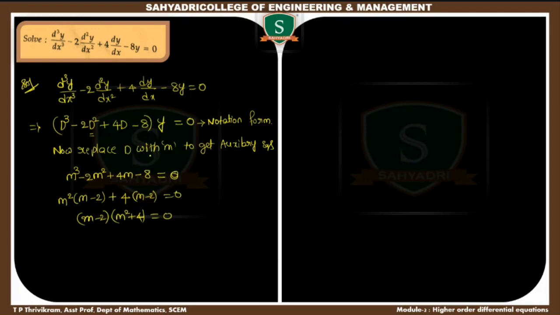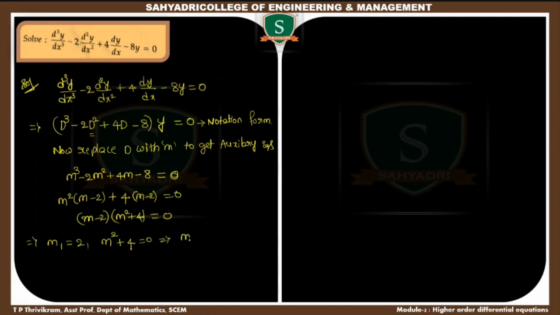Fine. So now I'll write the different roots of the equation. m1, I'll get it as 2, and m2, m3 we'll get from this equation, m square plus 4 equal to 0.